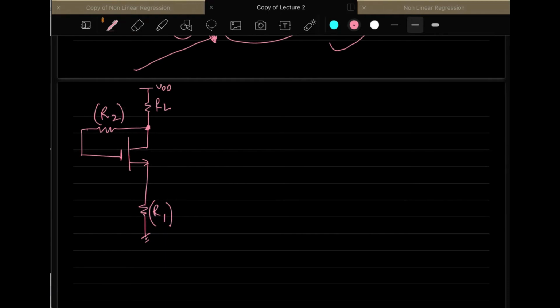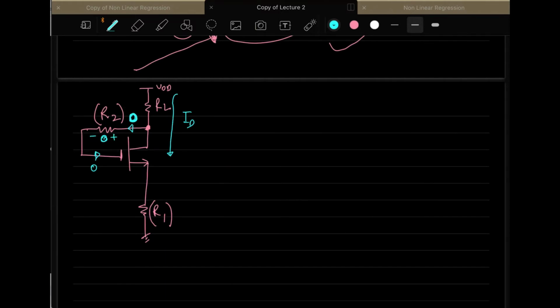So in DC analysis, the drain current actually flows like this, and there is no drain current flowing here. It is zero because it is always connected to ground. There is no drain current, so there is no point in putting R2 here, because R2 has no role, because the current flowing here is zero. So I times R2 will be 0.